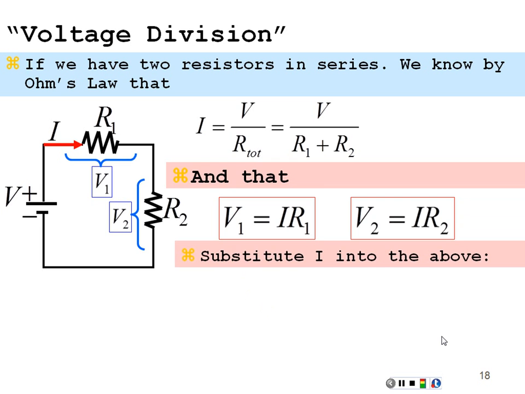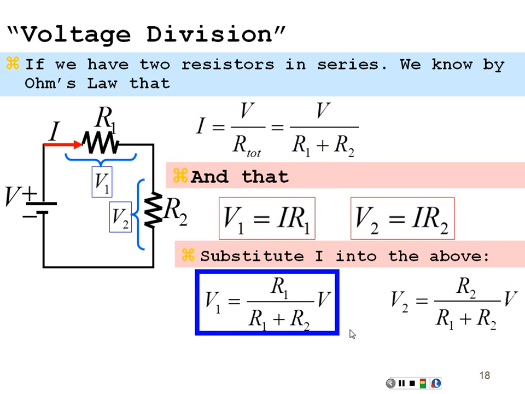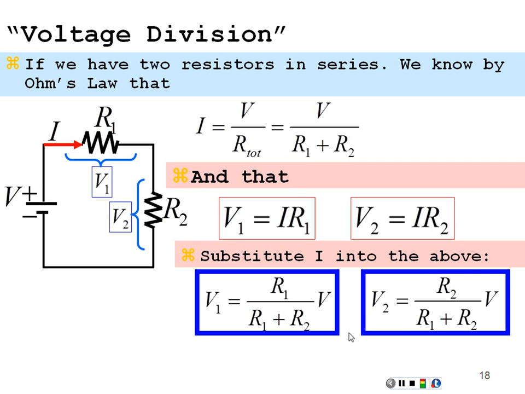So if we substitute in our current into these equations, we have V1 is equal to R1 over R1 plus R2, times V, and V2 is equal to R2 over R1 plus R2, times V. Each voltage is going to be its fraction of the resistance times the total voltage available.